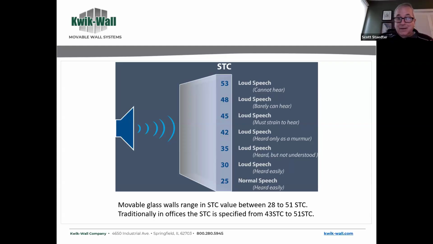Part of that is, let's say you're in a school, like the hallway photo that I showed earlier, that requires a 45 STC when you're looking at various codes for sound rules between a corridor and a classroom. So you've got to have a 45, and you're going to be in that 45 to 51 range in product selection. It really depends on where you are.